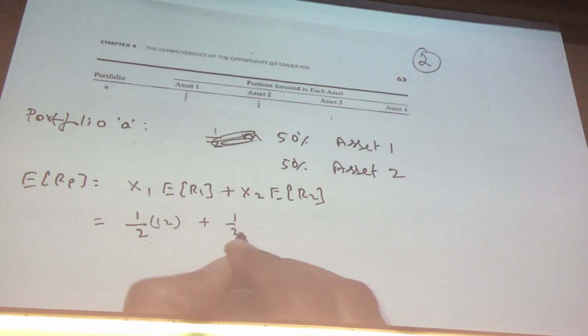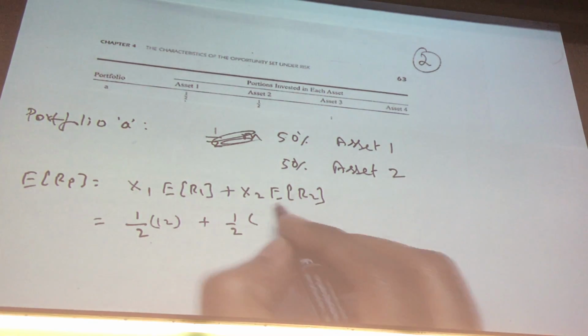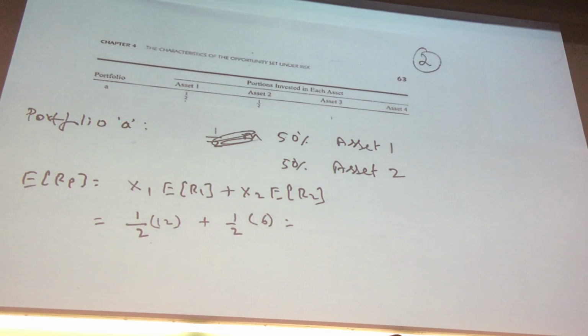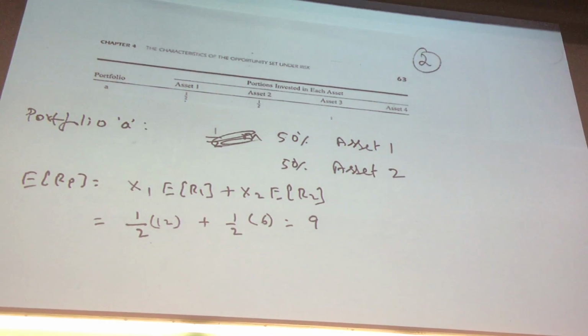And the remaining 50%, half, and R2 is 6. So this equals 9. So this is the expected return from the portfolio. Well, okay, if you change the weights of the portfolio, then obviously you get different returns. That is an entirely different portfolio.